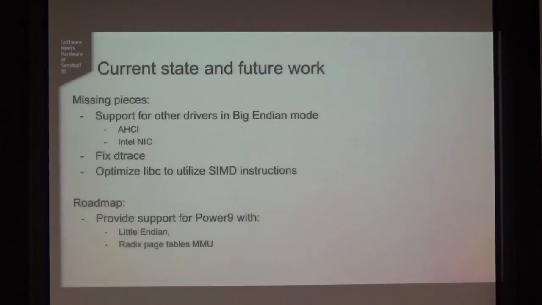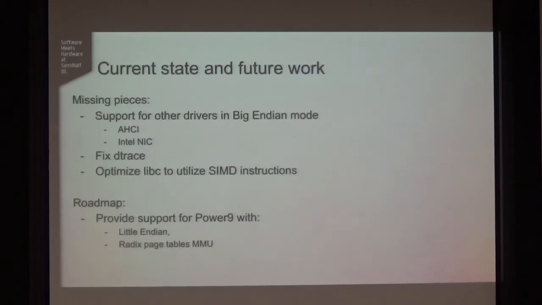Also, a big point is to optimize libc to utilize SIMD instructions. Right now, the big side effect of using our GCC 4.2 is that we have no support for a decent PowerPC8 CPU. I mean, the compiler is able to generate generic PowerPC64 code, but the code is not optimal for this CPU. So we can see some performance degradation due to this. Also, we have a Power9 project in the roadmap, which covers several interesting aspects, like providing FreeBSD support for little endian.